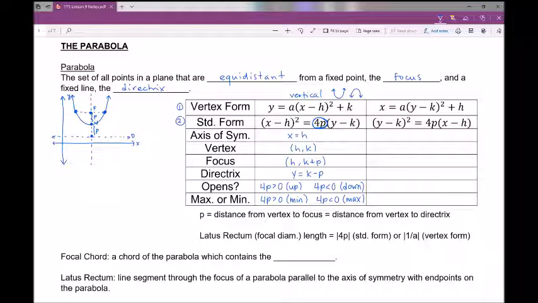The distance from the focus to the parabola along that focal diameter is going to be 2p on either side, so the entire focal diameter has a length of 4p. That will come into play a little later. That is what our vertical parabola looks like. Now we'll talk about a horizontal parabola.